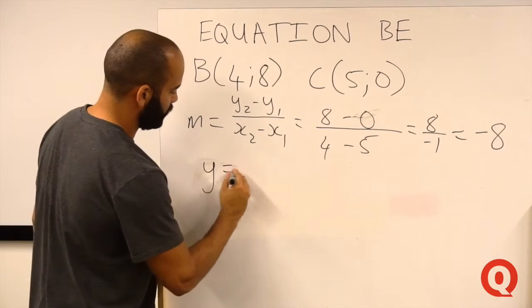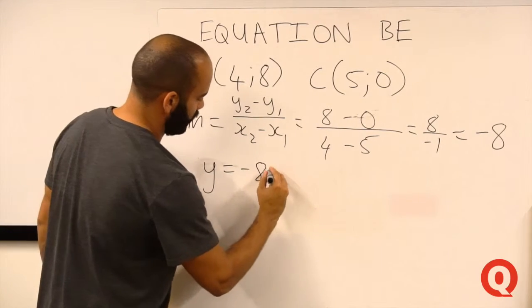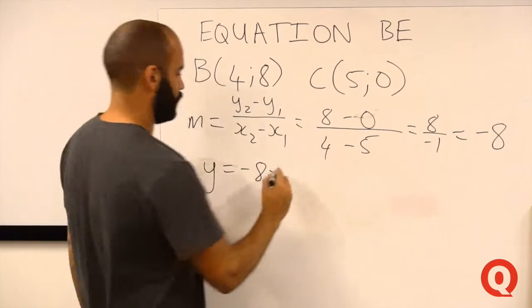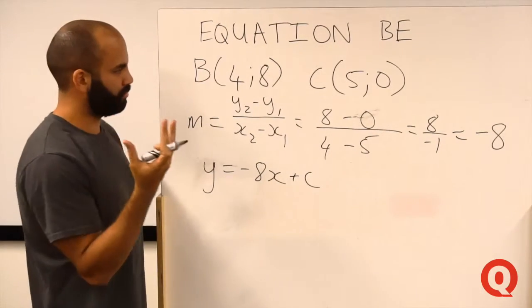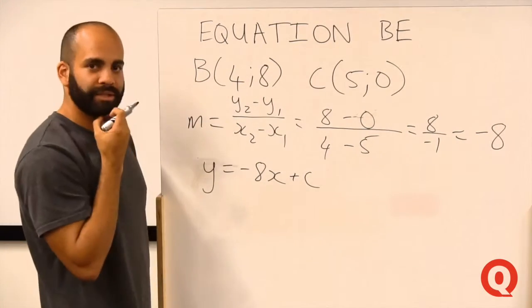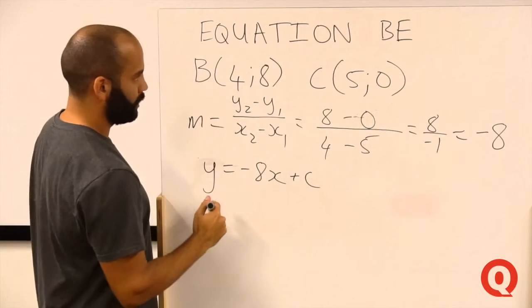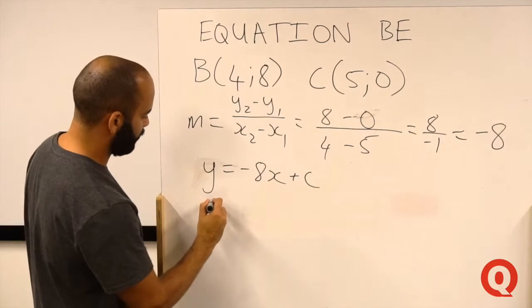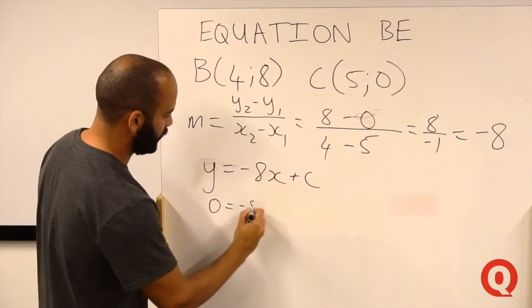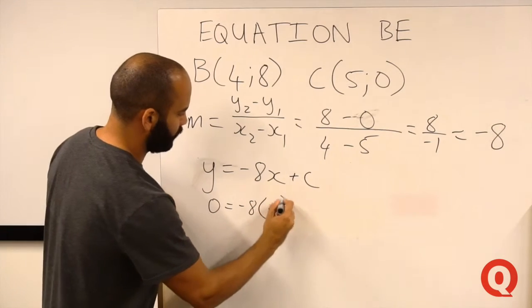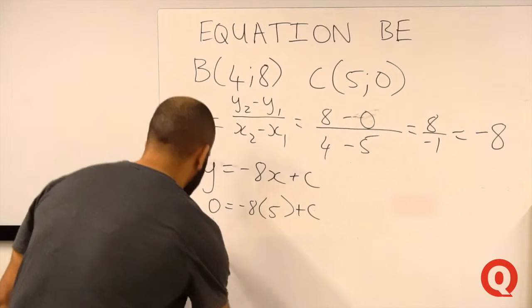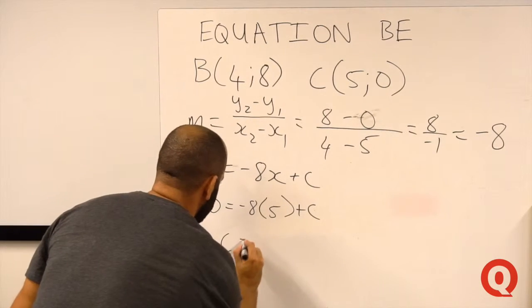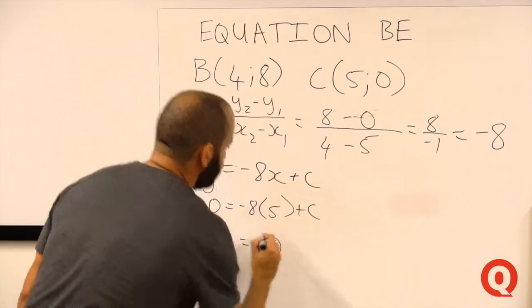So y would be equal to minus 8x plus C. Let's substitute in either B or C. The easiest would probably be C. Substituting that in, you're going to have 0 is equal to minus 8 times 5 plus C, and therefore C must be equal to 40.